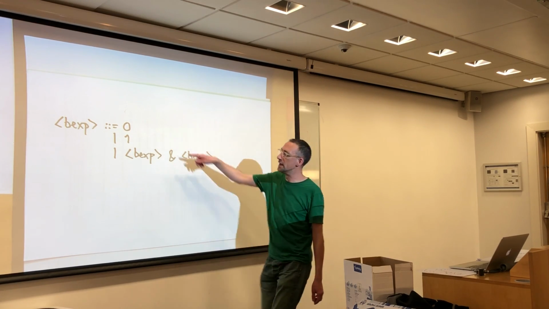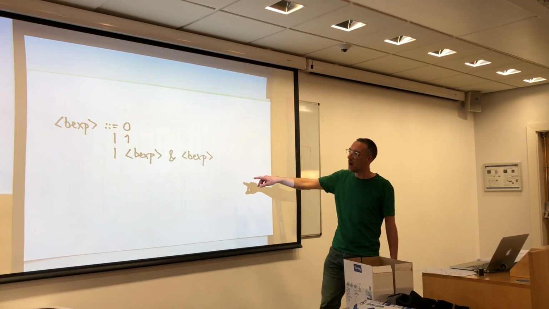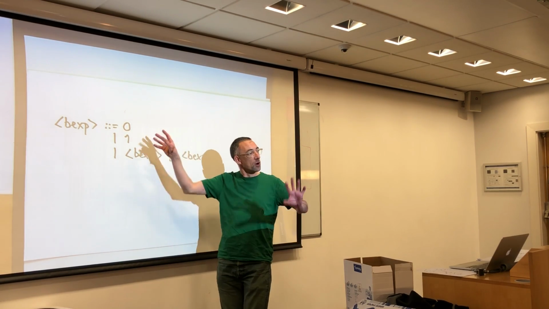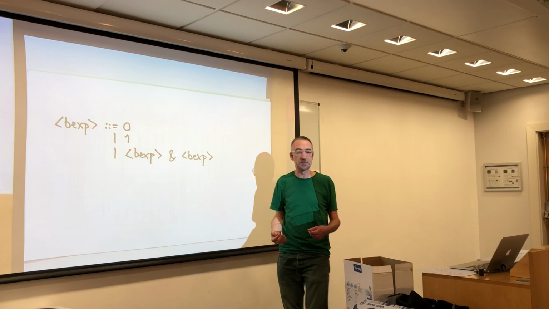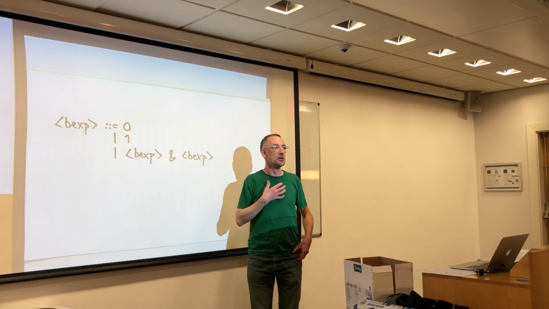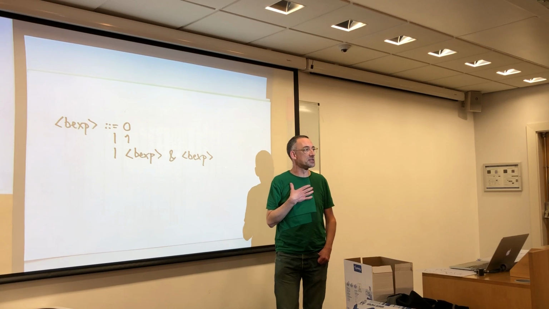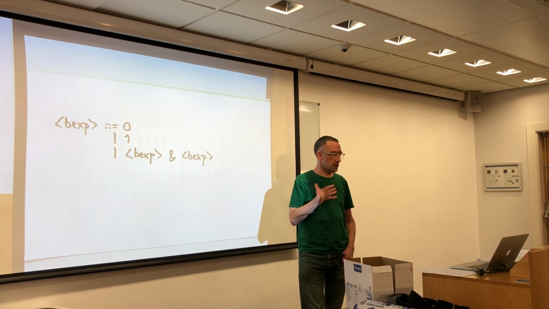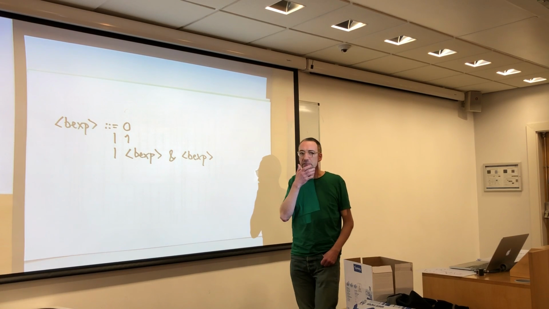And then each line is called a production. You say what different ways you have to make a Boolean expression, and in each production you have two kinds of symbol. You have terminal symbols. They're called terminal because that's where you finish up, and also because you can type them in a terminal.